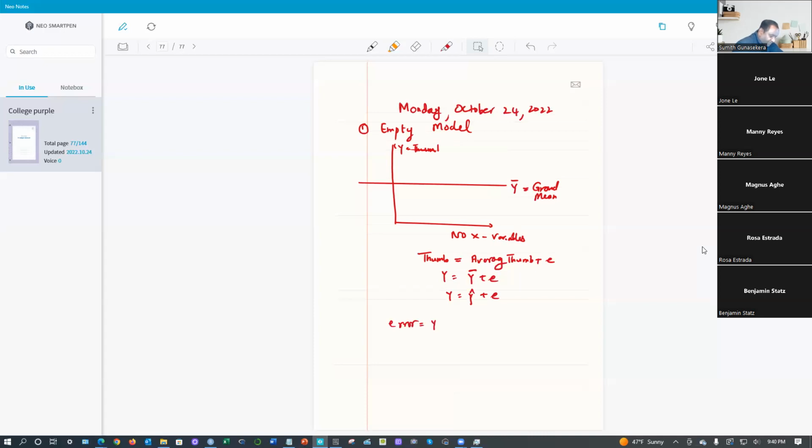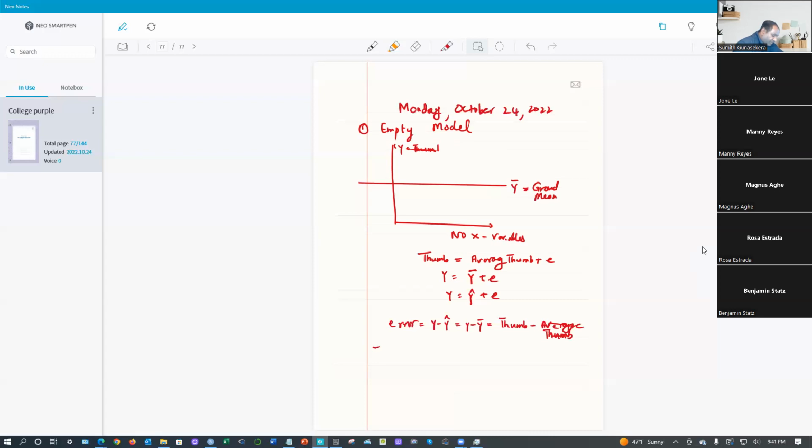Y means thumb length minus average thumb length, the average thumb.